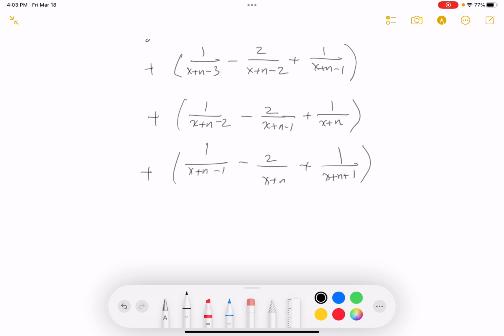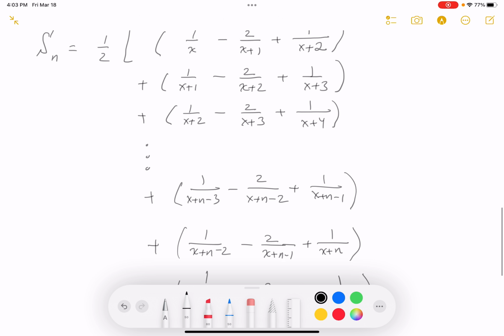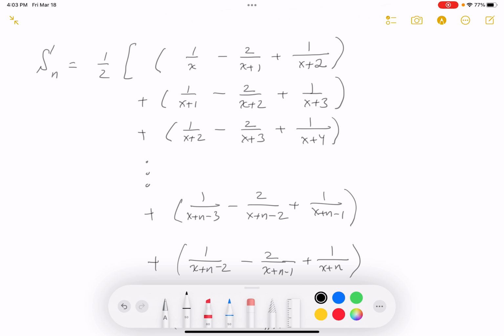It's a lot of writing, but the point of writing it is so you can see something, and hopefully you're seeing something. Now, I've got to keep looking at it. I think a lot of things happen here, right? There's still a half in front, but I've got to be careful about this.